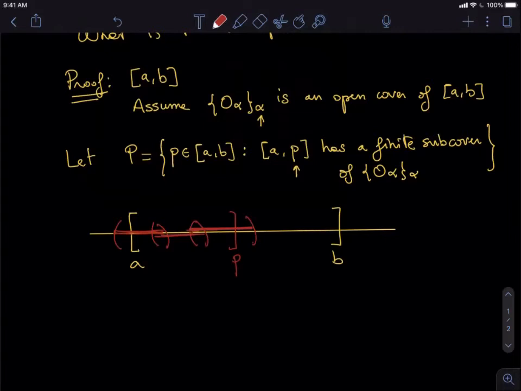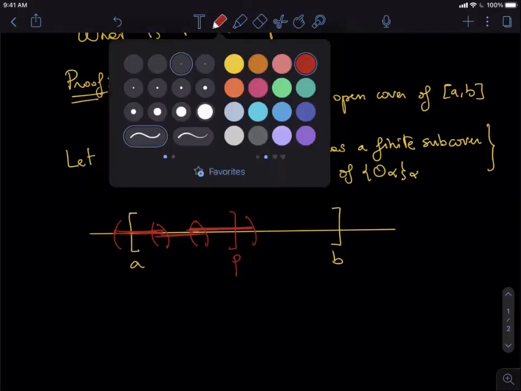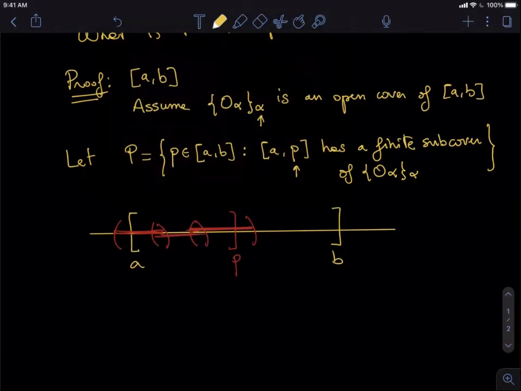And then the question here is, is this going to make P equal to b? Is there any chance that it works for the whole interval? So let's see about that.